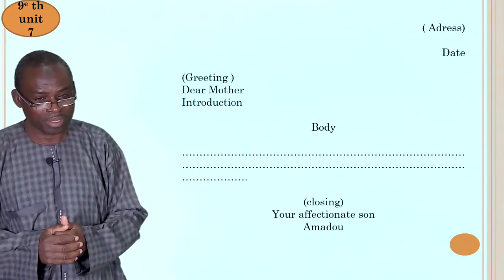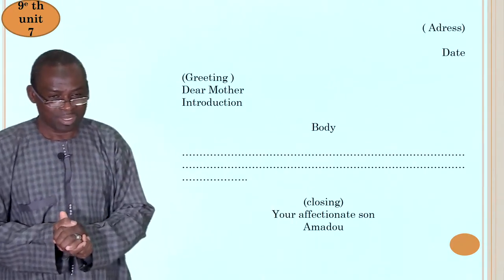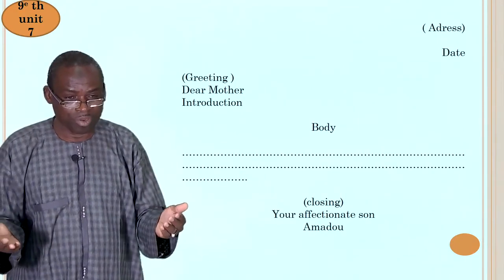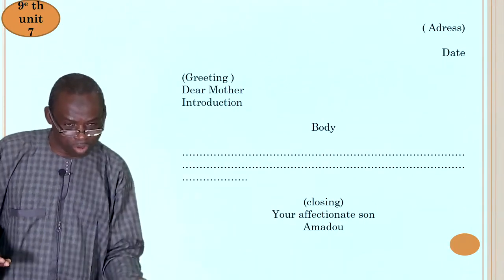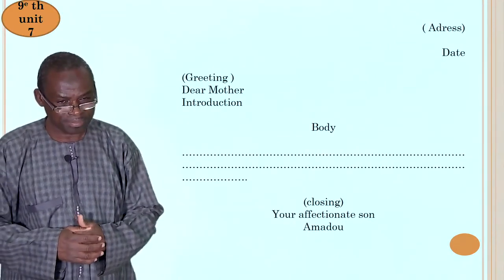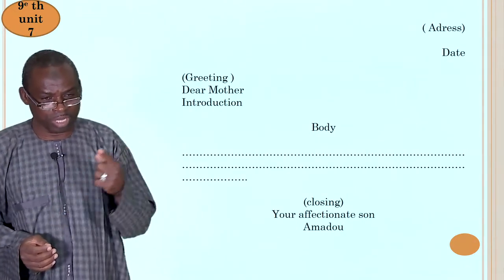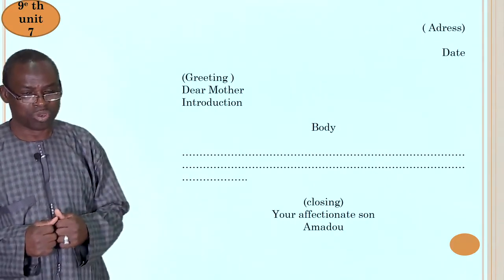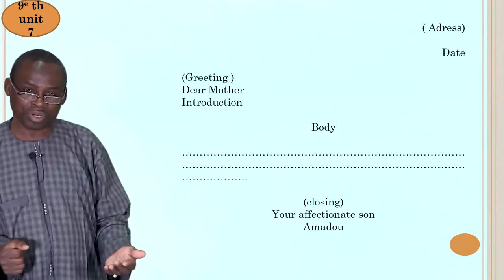And after the body, you have the closing. This is the end, the last words you put below the letter. It may be your affectionate son, and you put your name.